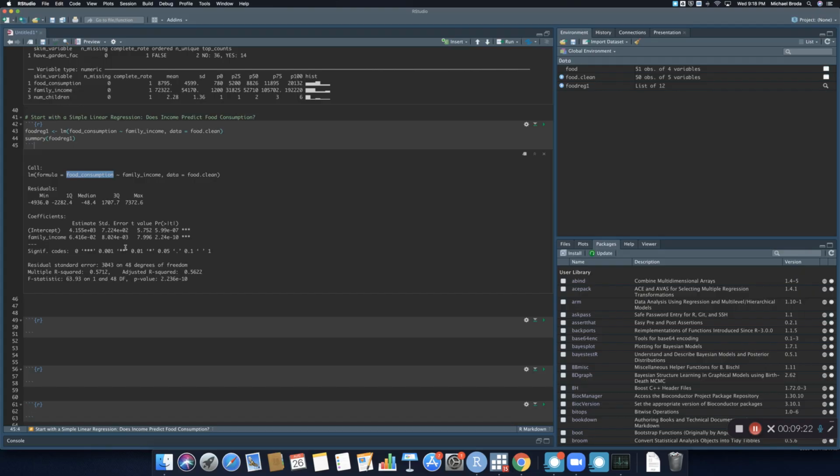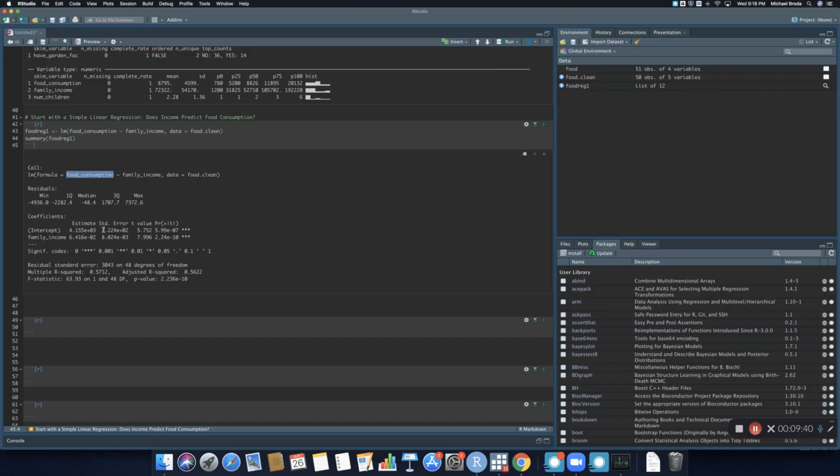And that's pretty handy, right? We know there are 100 cents in a dollar, so food consumption would increase by about 6 cents for every dollar increase in family income. All right, so that's how it works.